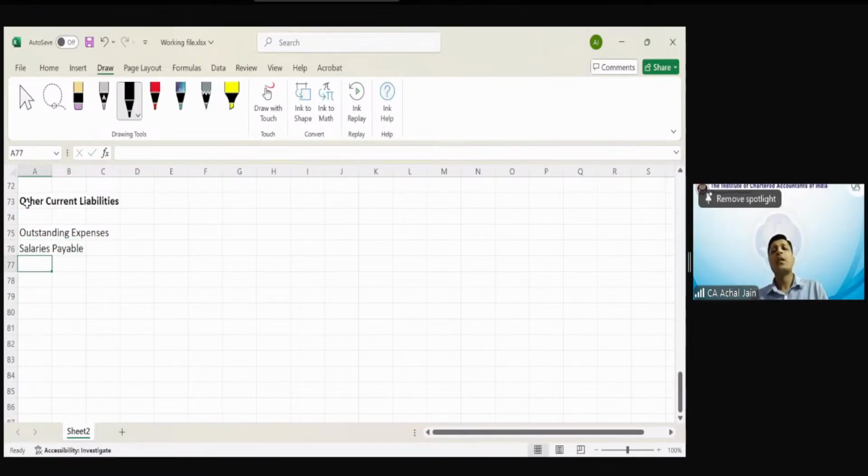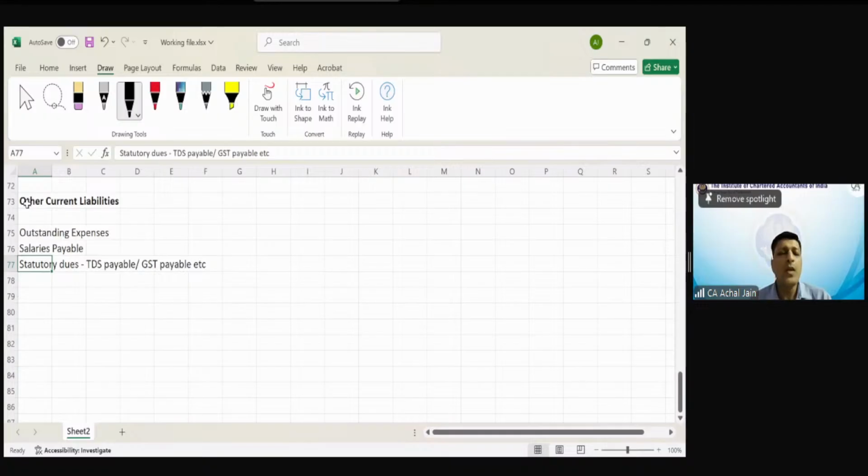Yes or no? Okay. Then of course, another example could be in respect of statutory dues. For example, TDS payable could be there. GST payable could be there. Yes or no? Yeah.